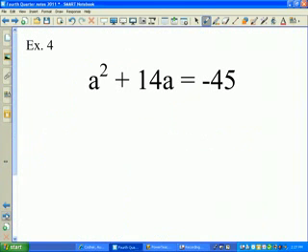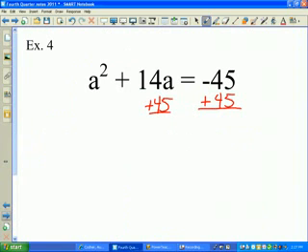For example, number 4. So again, we have another equal sign, so that means we're solving. But just like solving an equation, our equation must equal 0. So what must I do? Hopefully you said I should be adding this 45 to both sides of the equal sign.